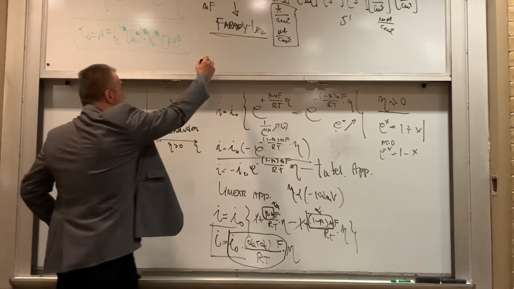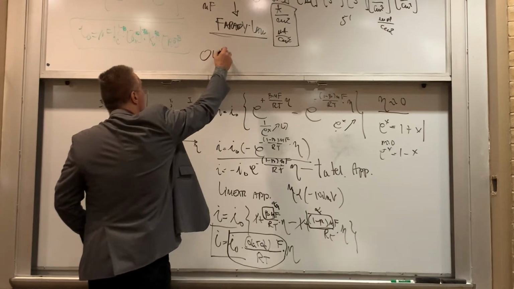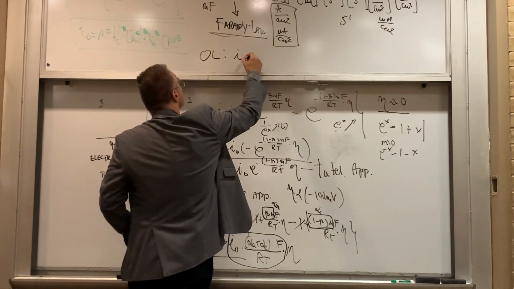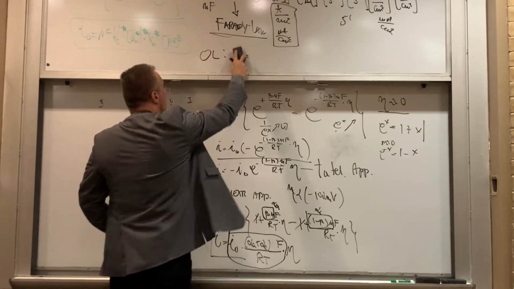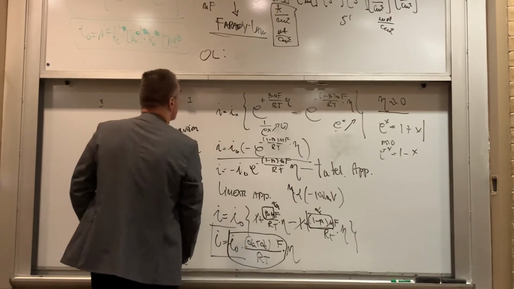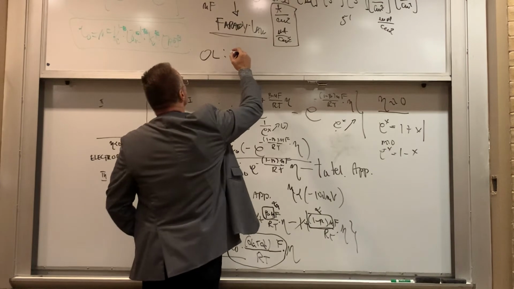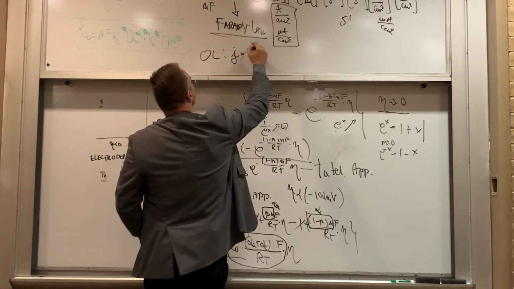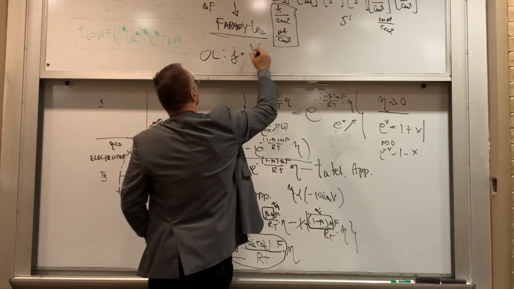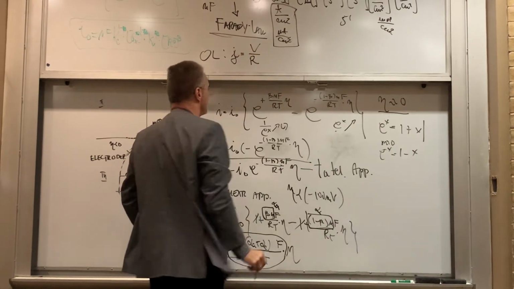Now, Ohm's law, in electrical engineering, is basically that current is equal to voltage over resistance, right?